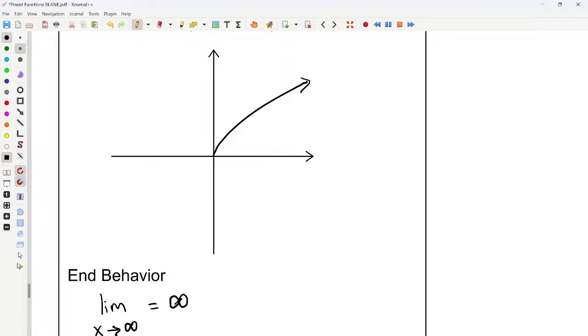Can we even input negative numbers? No. So it doesn't even make sense to talk about. We might say undefined would make more sense. As we input more negative numbers, this thing's just undefined. So there's a difference: 0 is a number. 0 literally has meaning.